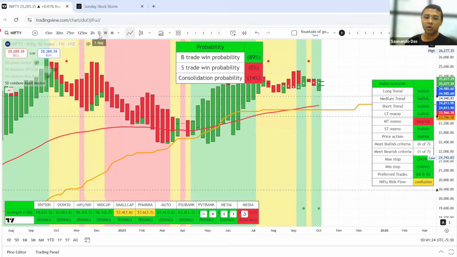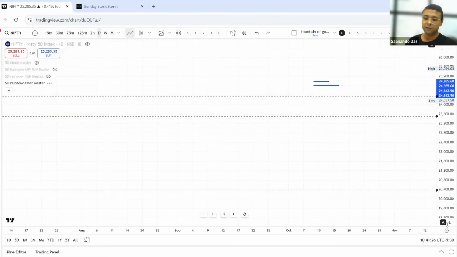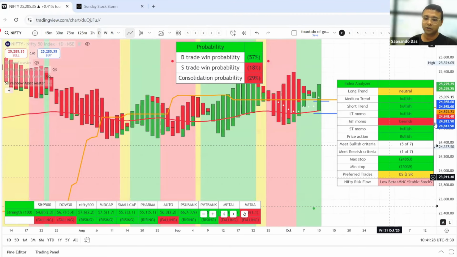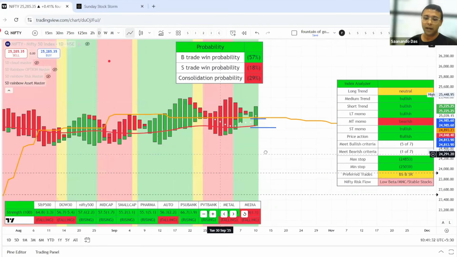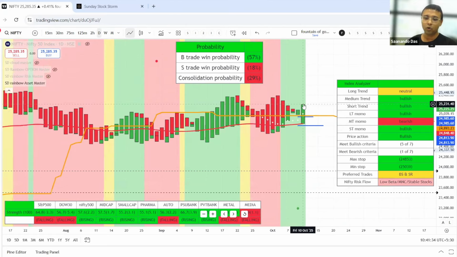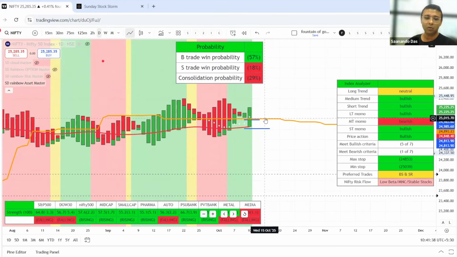Now we'll go to the daily chart of Nifty 50 to look at the overall condition. I can see a very strong comeback with a buy signal followed by the candle. We have a very good base around the 25,000 area.